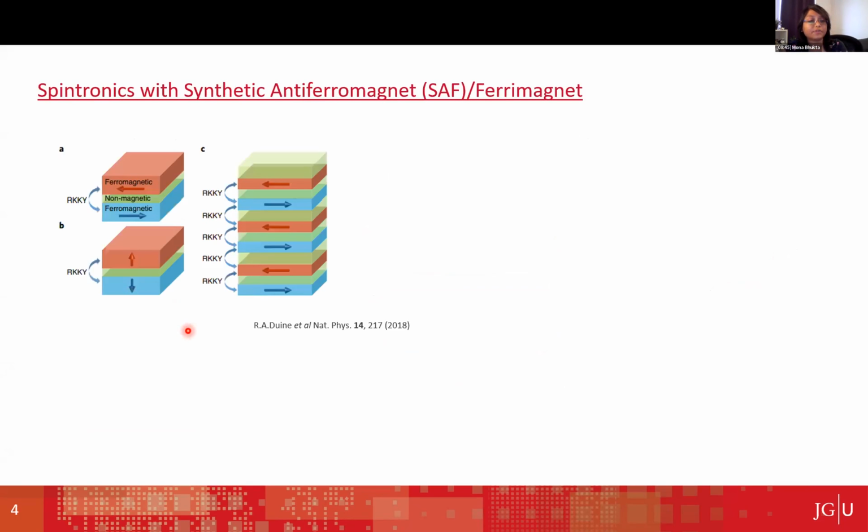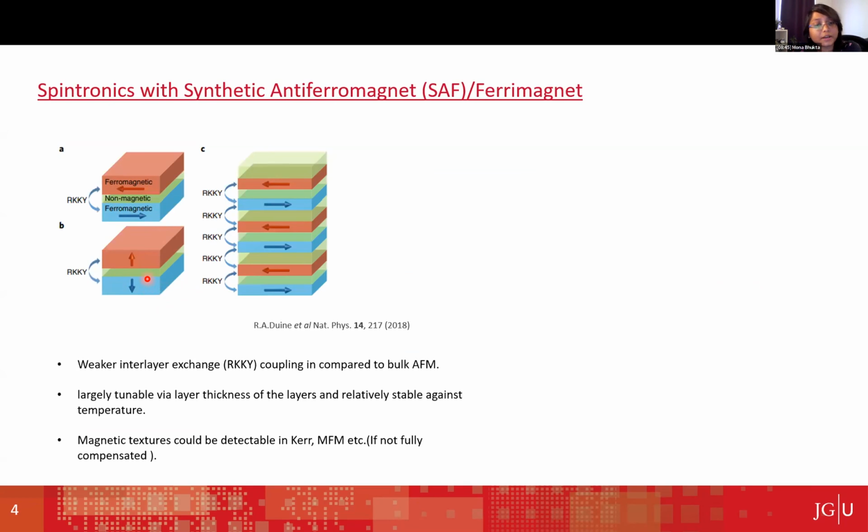So coming to the topic of the synthetic antiferromagnet, a synthetic antiferromagnet is a bilayer ferromagnet with the layers separated by a non-magnetic spacer. The benefit of the synthetic antiferromagnet over the bulk ferromagnet is that it has weaker exchange interactions. Hence, we can tune these interactions by changing the thickness of the layers, and it's relatively stable against temperature.